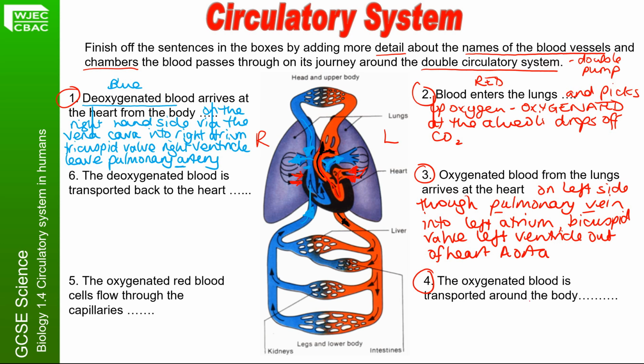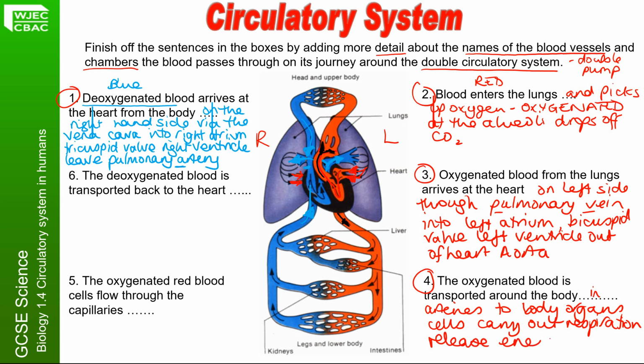So the oxygenated blood is transported around the body in arteries to withstand the very high pressure that it's travelling in, to the body organs, and particularly to the cells in the body organs, so that the cells can carry out respiration.